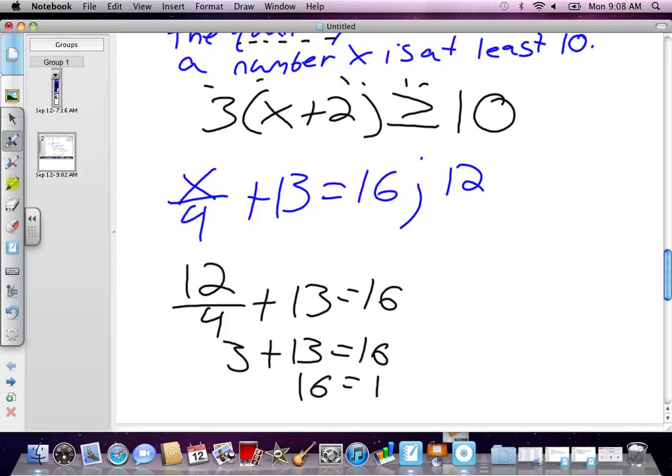Yep, 16 equals 16. So we can say that it is a solution. Do you get how that works? If you see a semicolon, you're going to take what's after the semicolon and plug it in for that number. Am I going too fast? Yes.